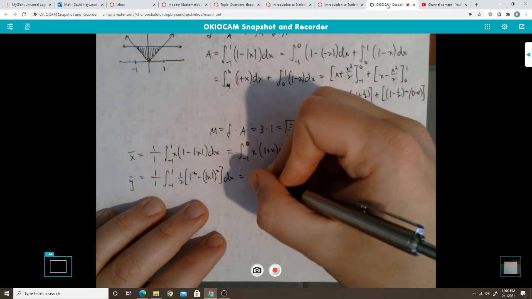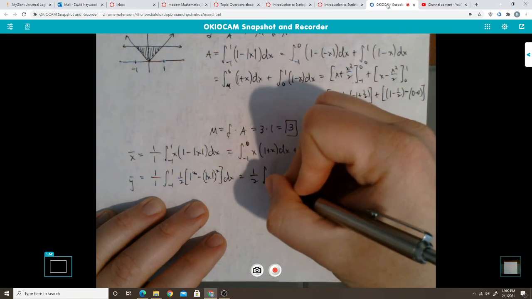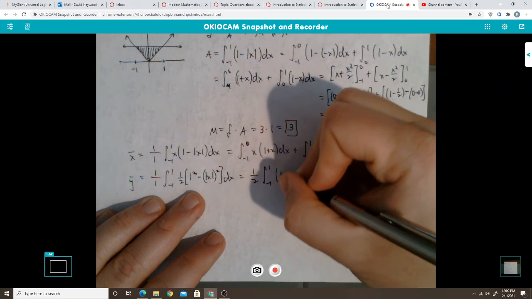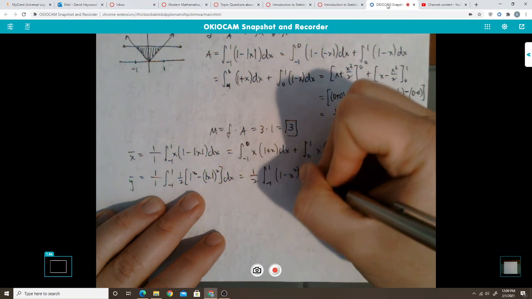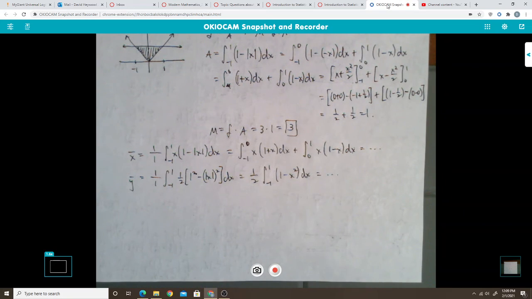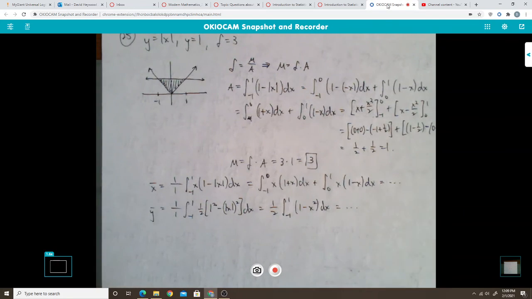You can just say this is 1/2 times the integral from -1 to 1 of 1 minus x squared dx. So that's that one, and that's it for 25. Hopefully that helps.